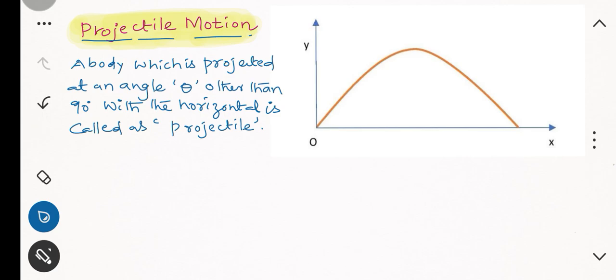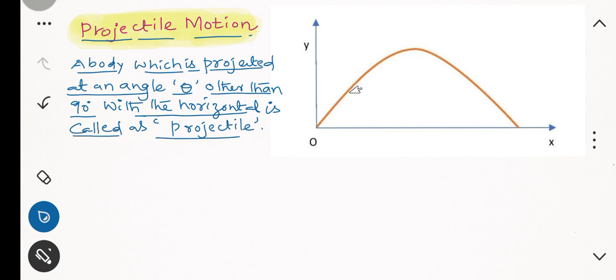A body which is projected at an angle theta other than 90 degrees with the horizontal is called a projectile.